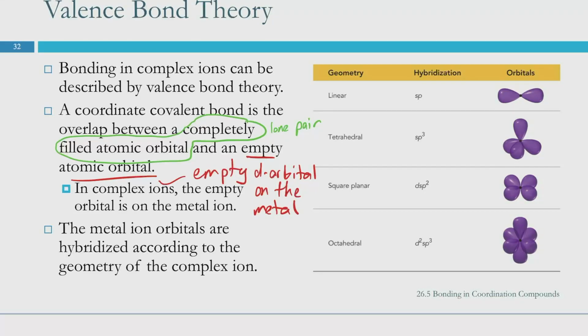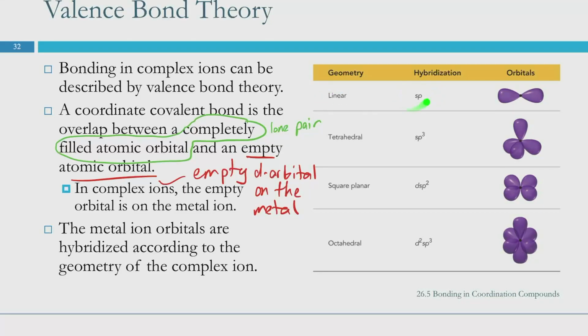So instead of each contributing one electron to form a bond, one group is contributing both electrons. And the metal ion orbitals, the d orbitals, are hybridized according to the geometry of the complex ion. S and d orbitals, I guess, SPD. So the hybridizations are the same as we would have seen before.